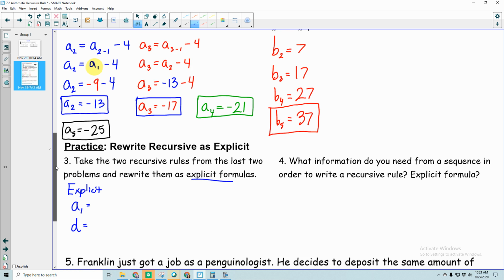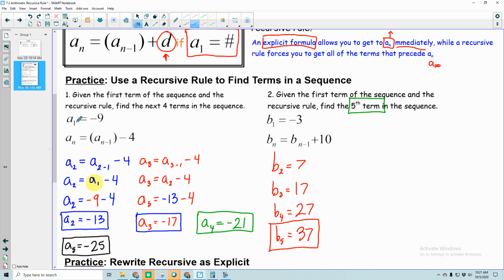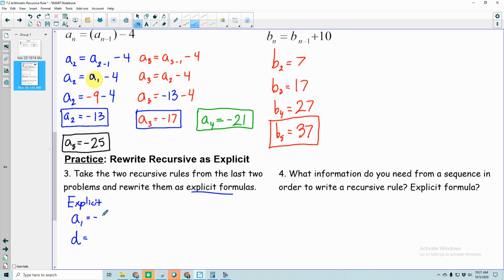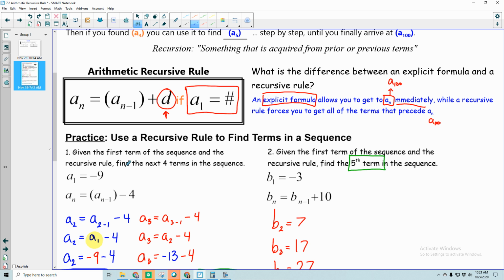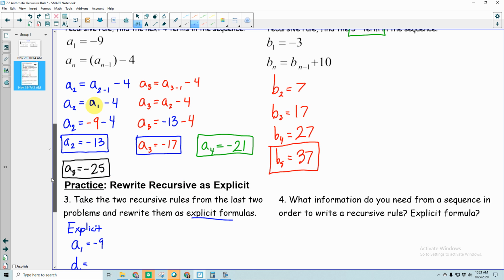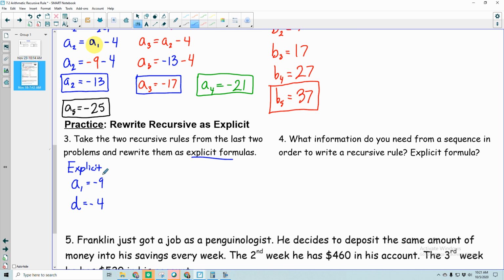So a sub 1, if we're trying to rewrite this first one, a sub 1 was just -9. And d, the pattern, is that number at the end, so d is -4. Now that I know those two things, I'm just plugging those into our explicit formula, which looks like this. a sub n equals a sub 1 plus d multiplied by n minus 1.